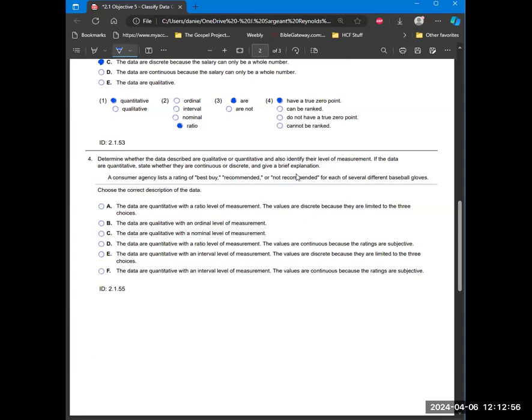A consumer agency lists a rating of best buy, recommended, or not recommended for each of several different baseball gloves. Let's choose the correct description of the data. We would say that the data are qualitative with an ordinal level of measurement because they can be ranked.